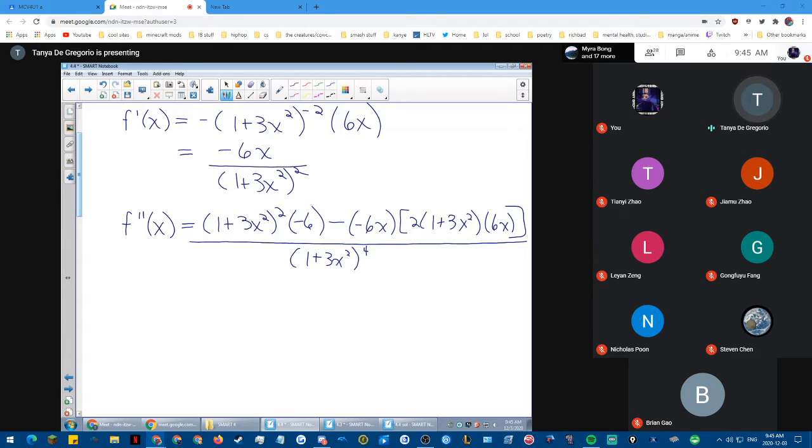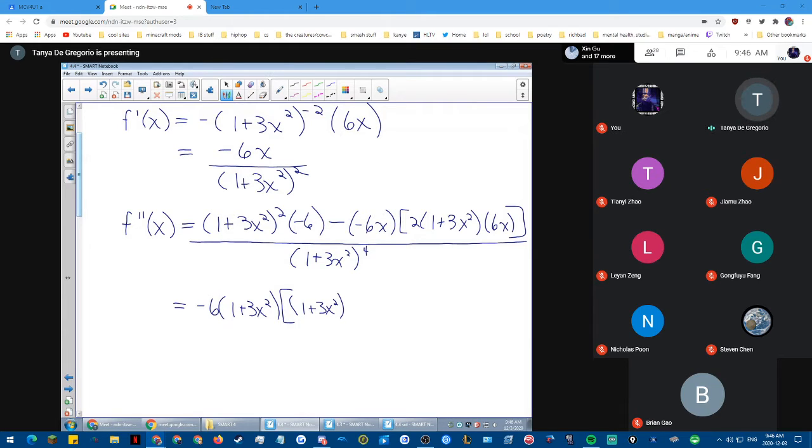And now we need to clean this up because we're going to set it equal to 0. So let's look to factor. What can we factor out? 1 plus 3x squared, definitely, and negative 6. Good, excellent. Beautiful. Okay, so if I factor out negative 6 and 1 plus 3x squared, I'm left with 1 plus 3x squared here.